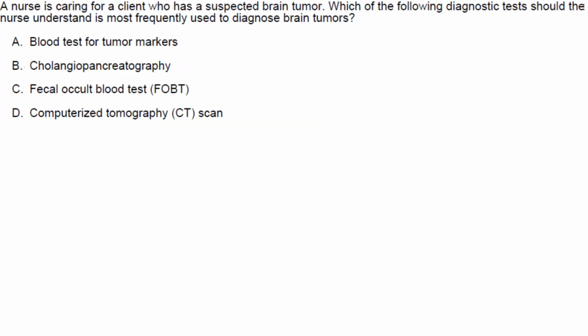A nurse is caring for a client who has a suspected brain tumor. Which of the following diagnostic tests should the nurse understand is most frequently used to diagnose brain tumors? Blood tests for tumor markers.